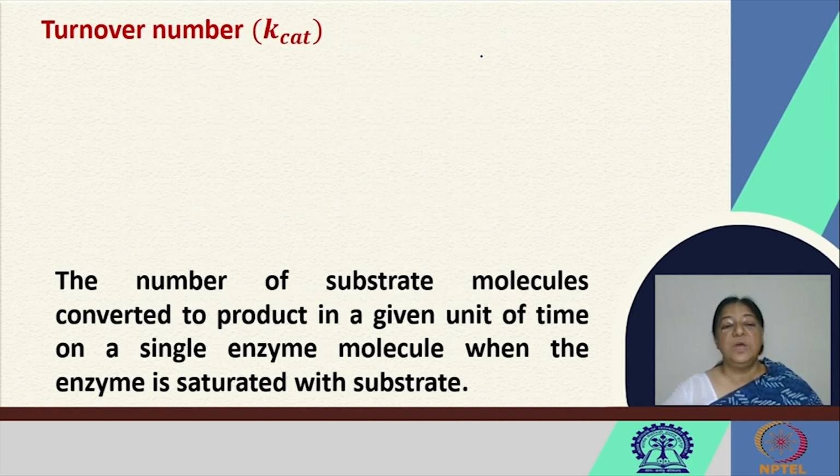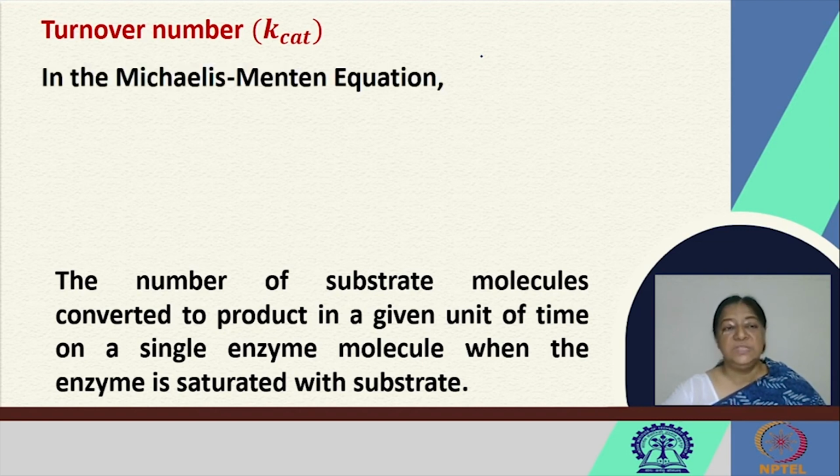We define therefore now the turnover number. This is the number of substrate molecules that are converted to product in a given unit of time on a single enzyme molecule when the enzyme is saturated with the substrate.